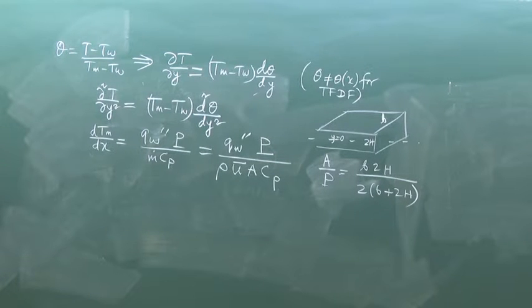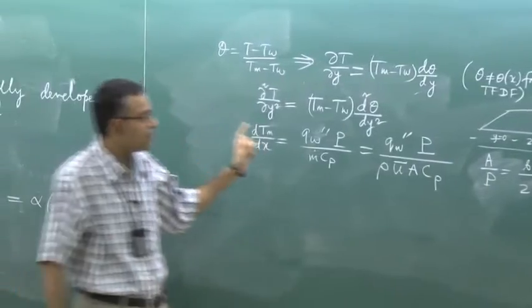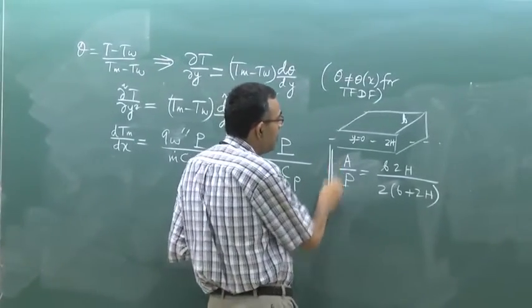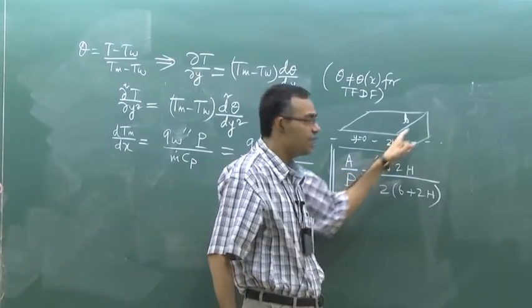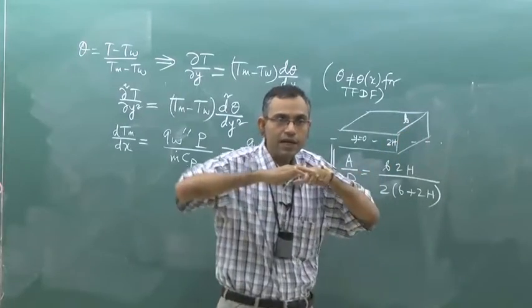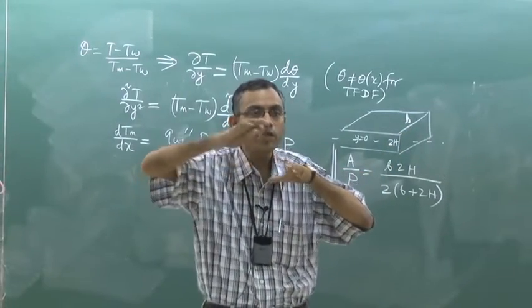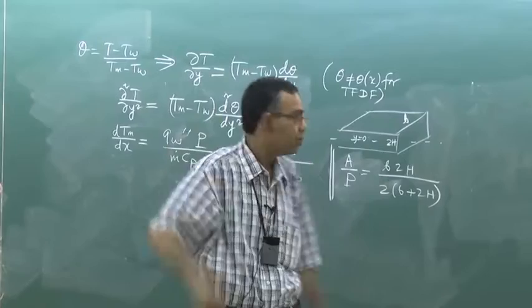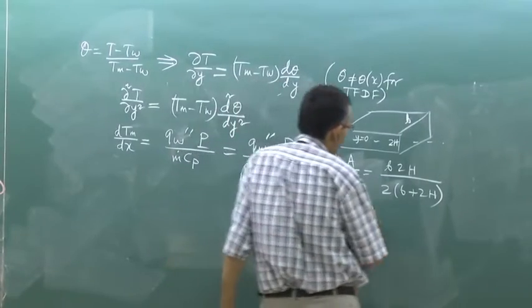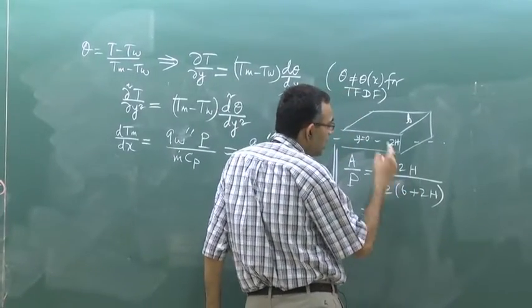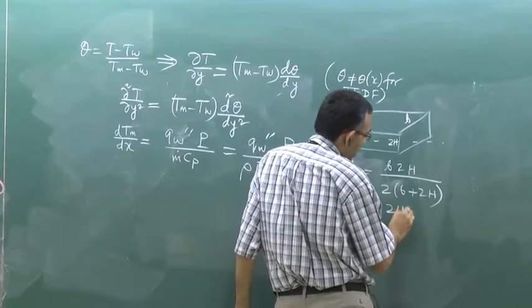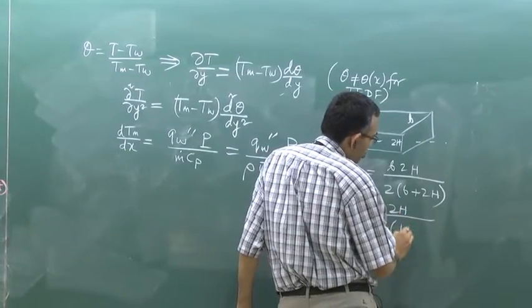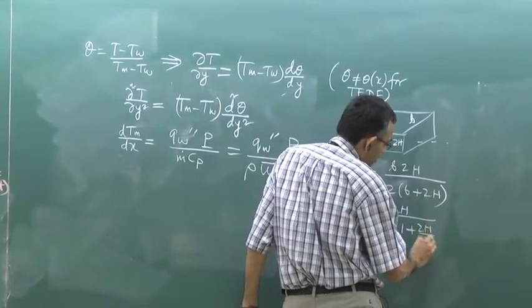right. Now we have to consider a limit while calculating this area by perimeter. What is that limit? The limit is that h by B tends to 0, because by definition for the parallel plate channel the width is infinitely large. So we divide both numerator and denominator by B. This becomes 2h by 2 into (1 plus 2h by B).